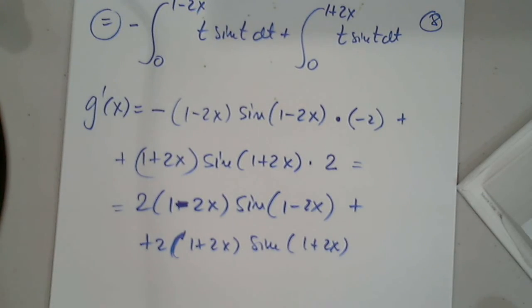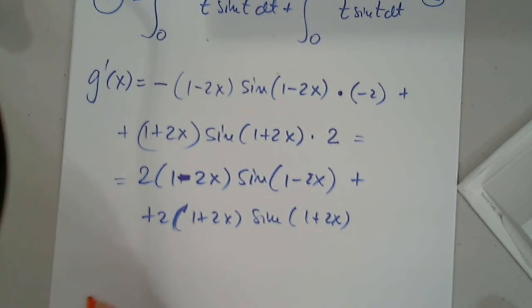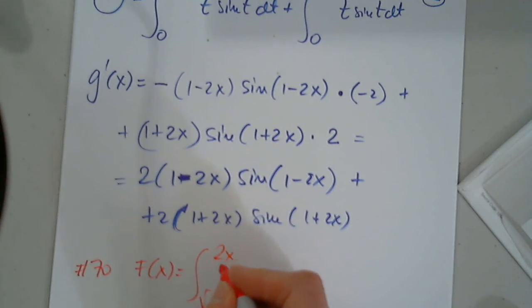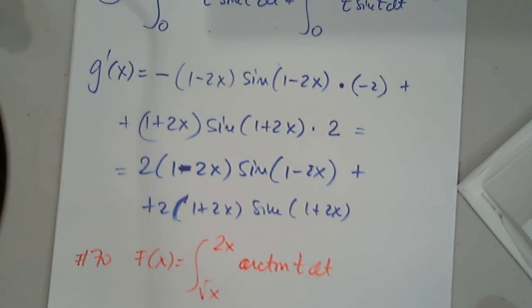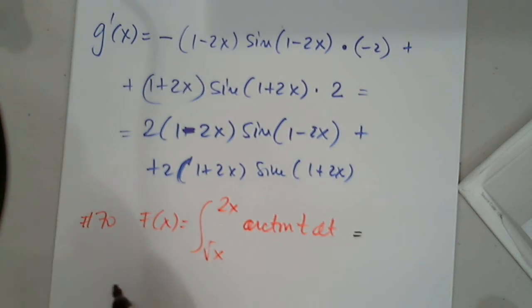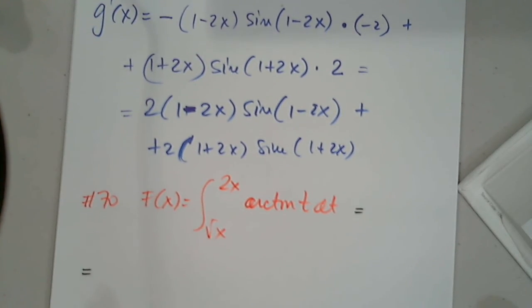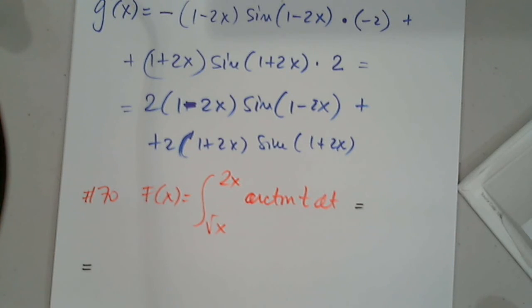Yes, absolutely, 70. So for 70, we have f of x equals the integral from the square root of x to 2x of arc tangent t dt. Okay, so this isn't ready. It needs prep. What do we need to do first? We need to get a constant.